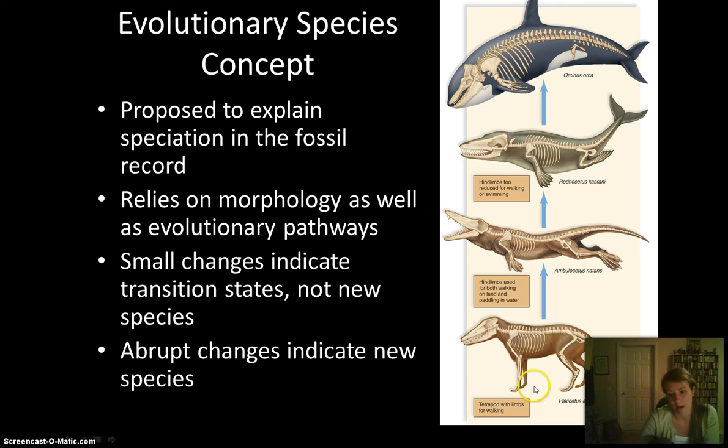So here this whale, or the ancestor of the whale, has limbs for walking. This one has limbs for swimming and walking. This one has ones that are very reduced and only used for swimming. And this one has no hind limbs. Still has the vestigial structures, but no hind limbs whatsoever. So they share an evolutionary pathway that's different from any other species. So that is one species right there.